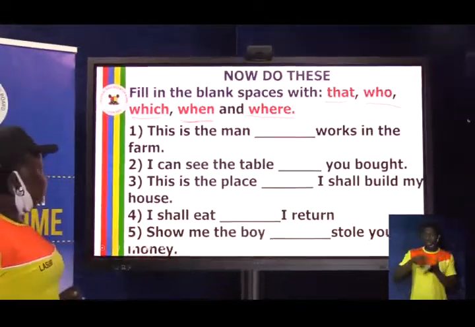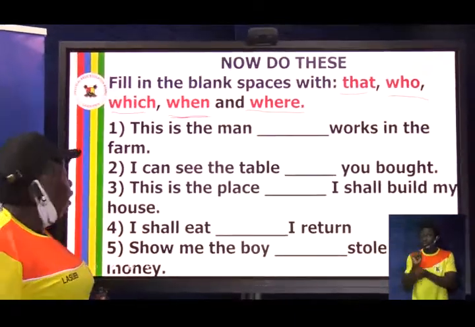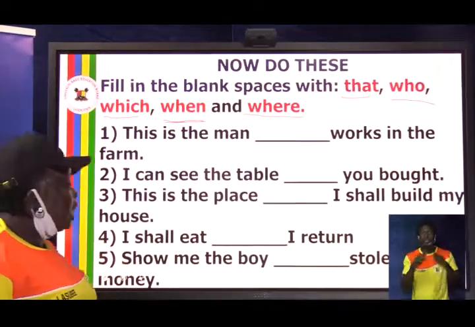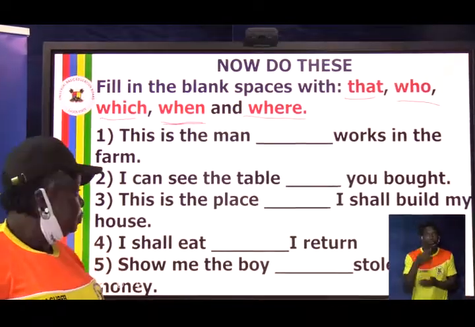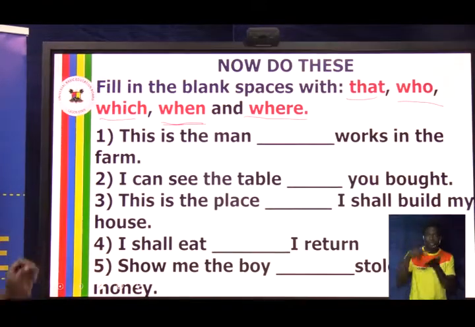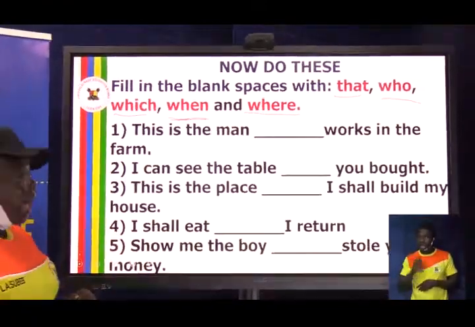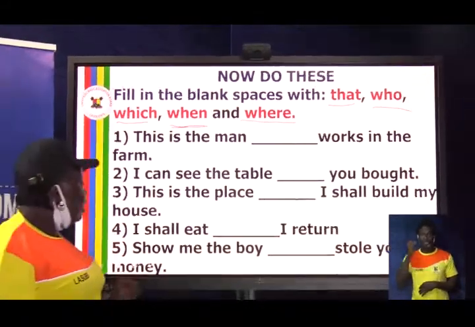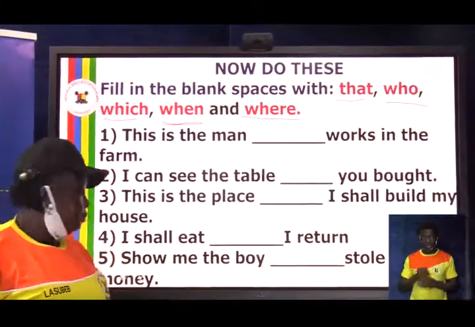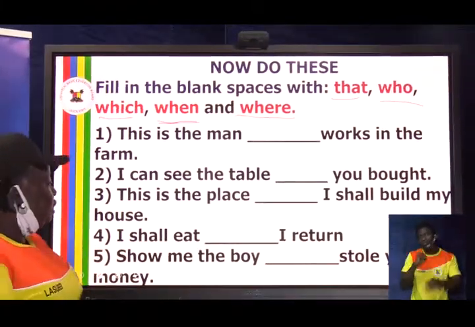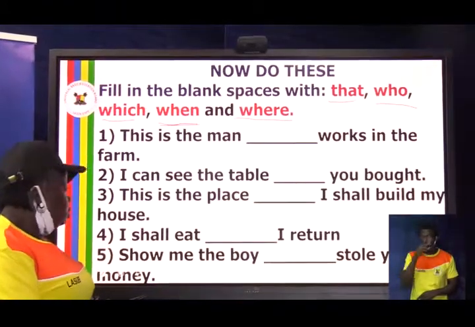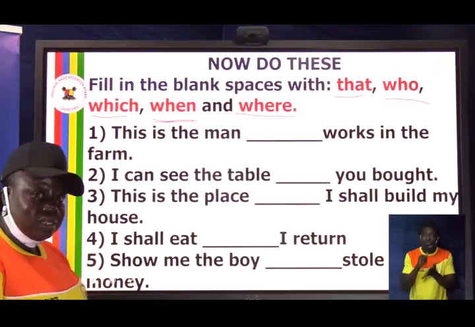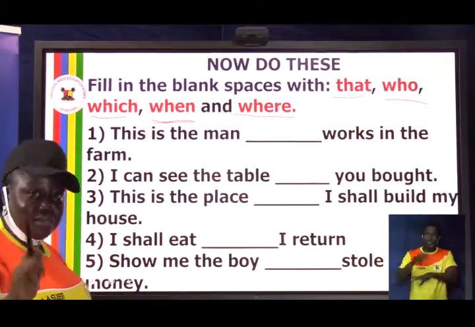Number 1, this is the man dash works in the farm. 2, I can see the table dash you bought. 3, this is the place dash I shall build my house. 4, I shall eat dash I return. And number 5, show me the boy dash stole your money. You have 1 minute to do that. Write just the answer and your time starts now.